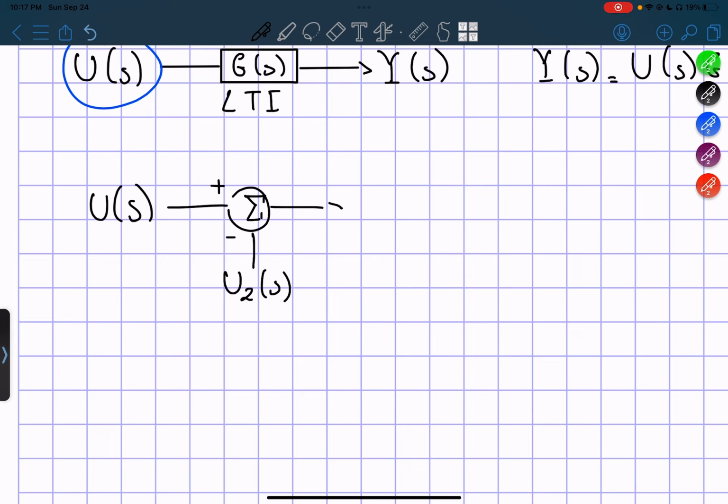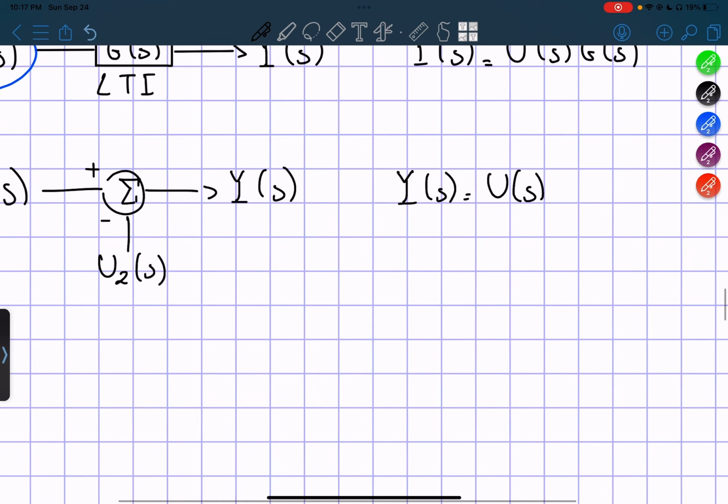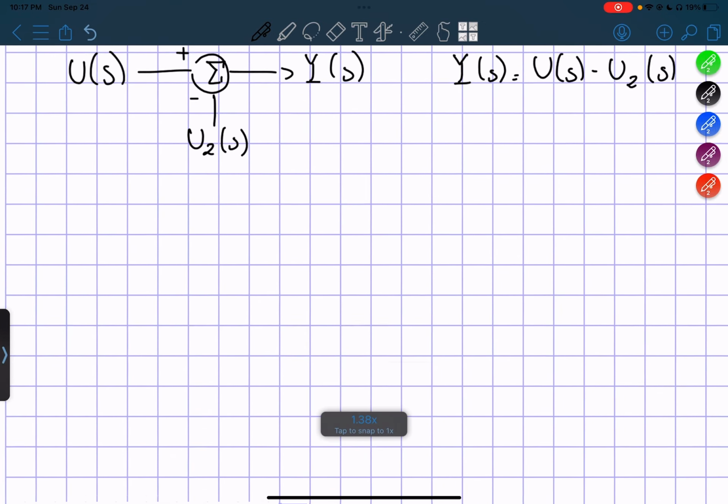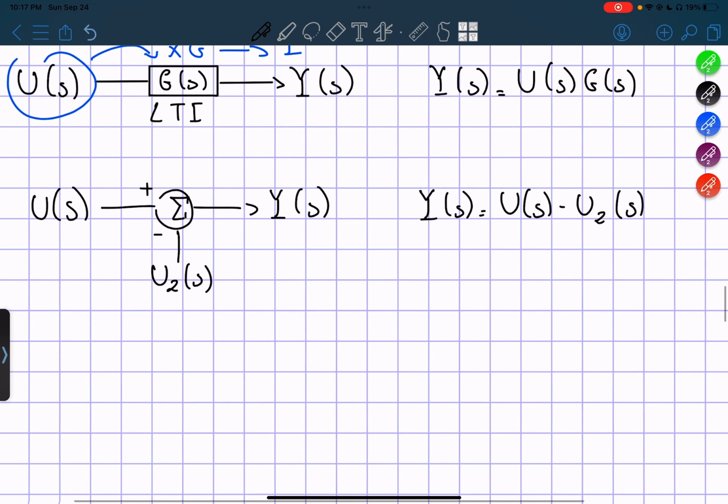This is just an example, and so we have here our y of s, and we can say that y of s is equal to u of s plus, sorry, minus u2 of s.